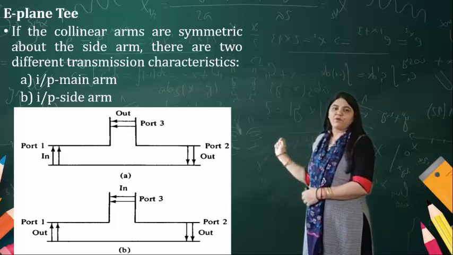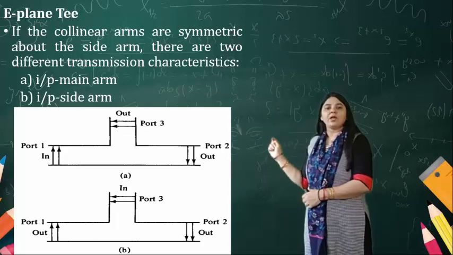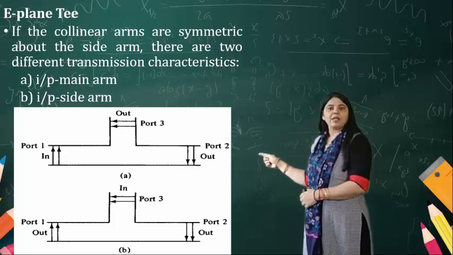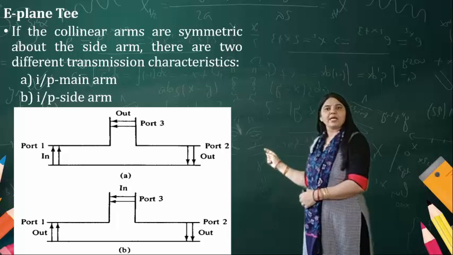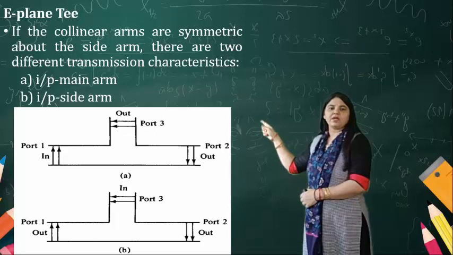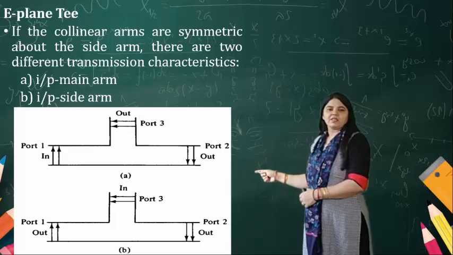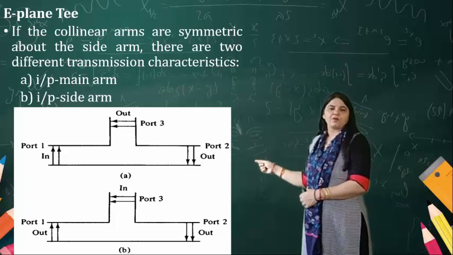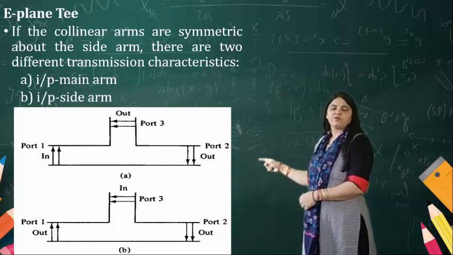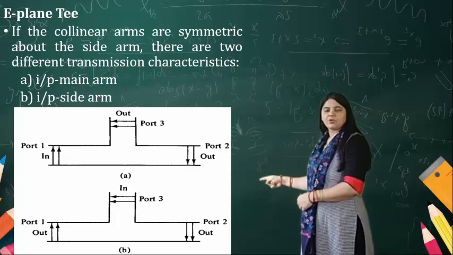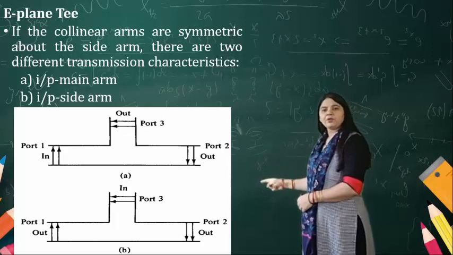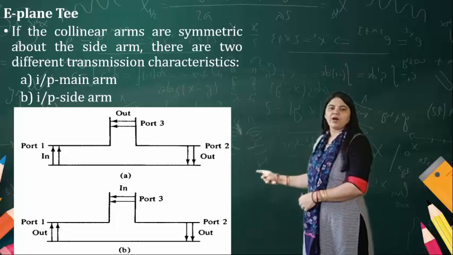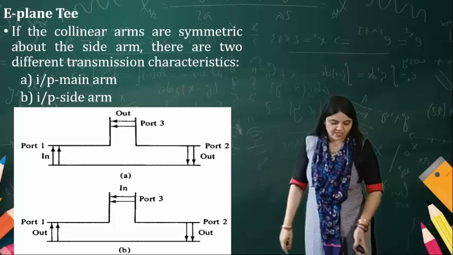So the output available at port number 2 has a 180 degree phase shift, and at port number 3 we can have the output of both. Again, in the second diagram, if you apply the input from port number 3, we have the output at port number 1 and port number 2, but they are 180 degrees out of phase with each other.